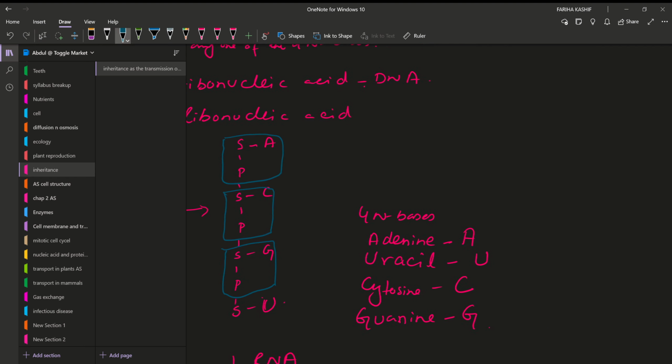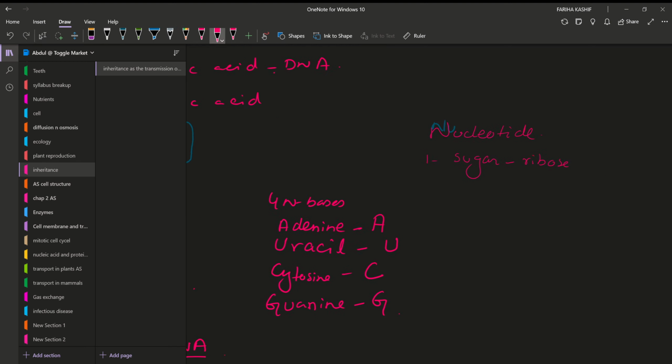Now what is an RNA nucleotide made up of? An RNA nucleotide is made up of 1 sugar. Now which sugar? It contains ribose sugar, rather than deoxyribose sugar. Its structure is not part of your syllabus, okay?